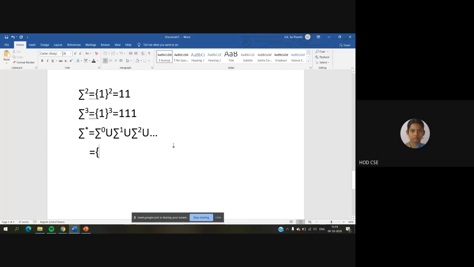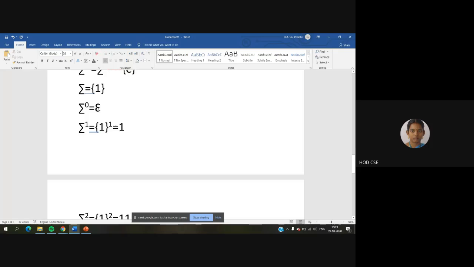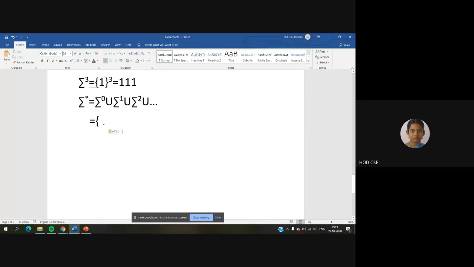This is the set. Sigma power 0 is epsilon. Sigma power 1 is 1 for our example. Sigma power 2 is 1, 1. Sigma power 3 is 1, 1, 1. Likewise it goes, it is an infinite set. This is the value of sigma closure.